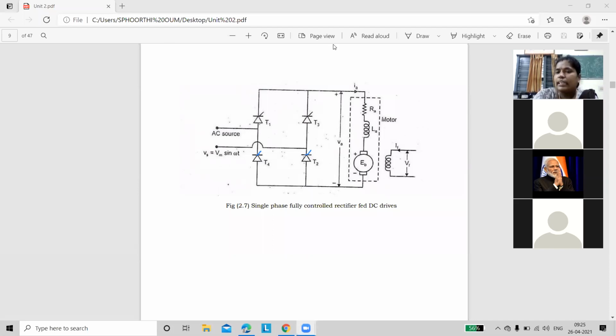You have to explain only continuous mode. Okay? Is it okay or not? Can I repeat or move on? Move on, ma'am.